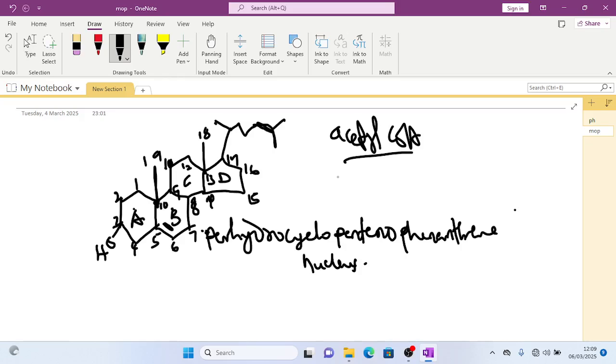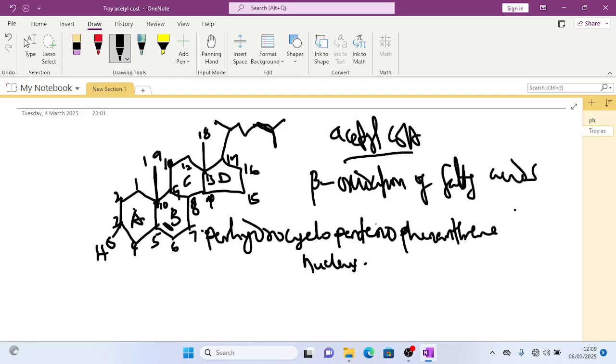That for cholesterol to be biosynthesized, there is need for beta oxidation of fatty acid, because beta oxidation of fatty acid is what generates acetyl-CoA.